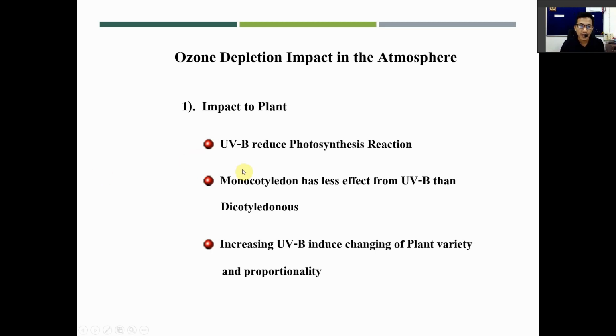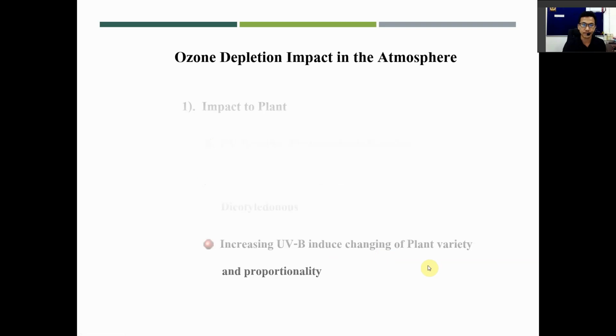And it's said that monocotyledons have less effect from UVB than dicotyledons. This is a plant species thing that gets affected differently according to UVB. Increasing UVB induces changes in plant variety and proportionality.